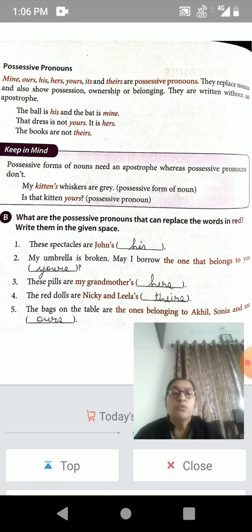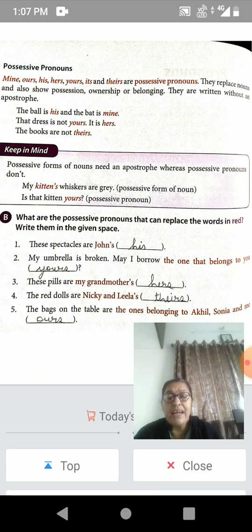Here use you, so we use yours. These pills are my grandmother's. Grandmother's is a feminine gender, so we use here as a pronoun hers. The red dolls are Nikki and Lila's, so we use here pronoun as theirs.